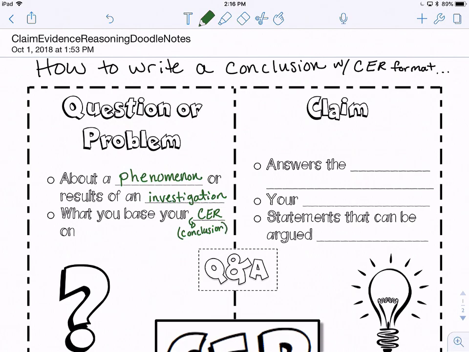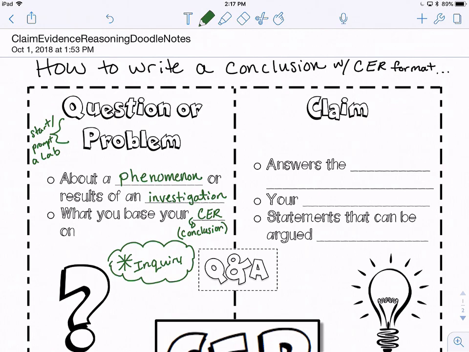So think of it this way. This is basically inquiry. This is going to be the question or problem. This could start or prompt a lab.